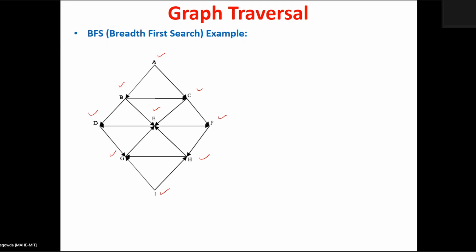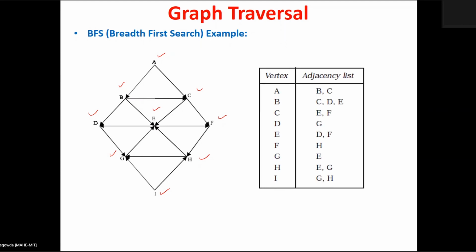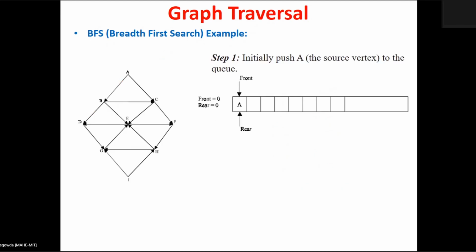You are given a graph and you need the source vertex. These are the vertices and this is the adjacency list. Looking at this, you can write the adjacency list, and next you input the source vertex. Now I am going to consider A as the source input.